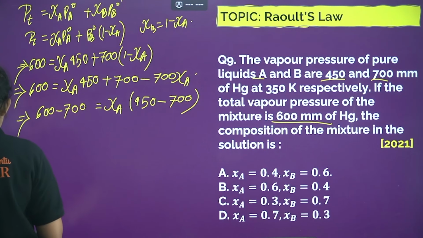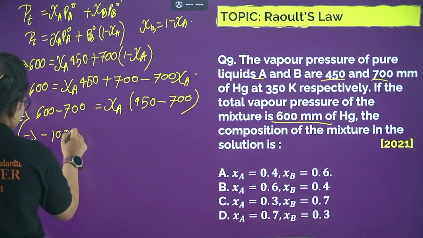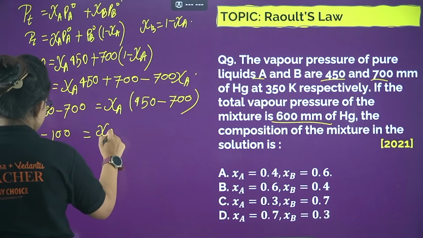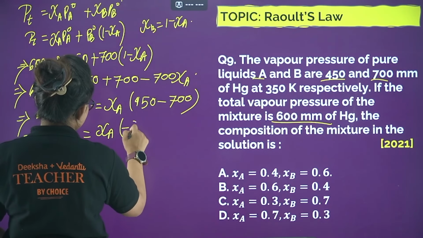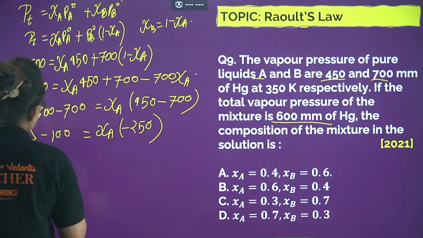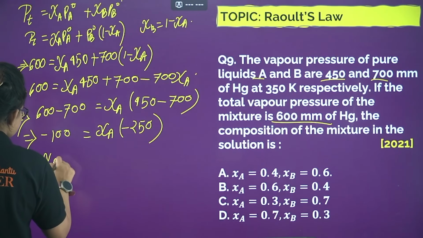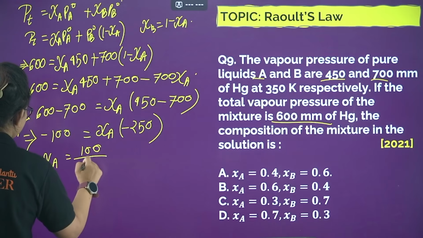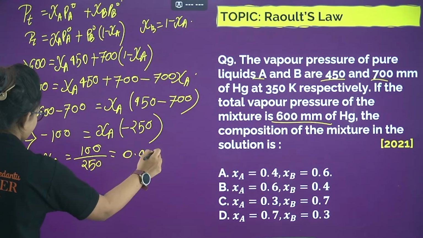So I get minus 100 on the left and XA into minus 250. Both minuses cancel out, so XA is 100 by 250, hence 0.4.